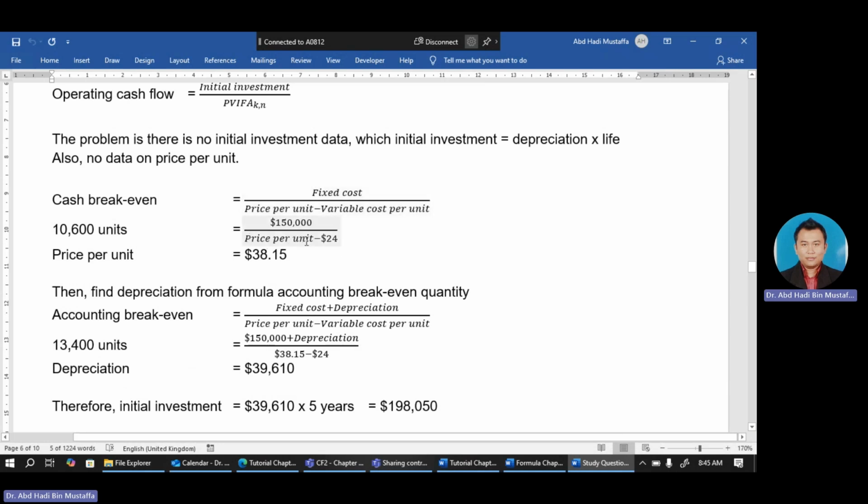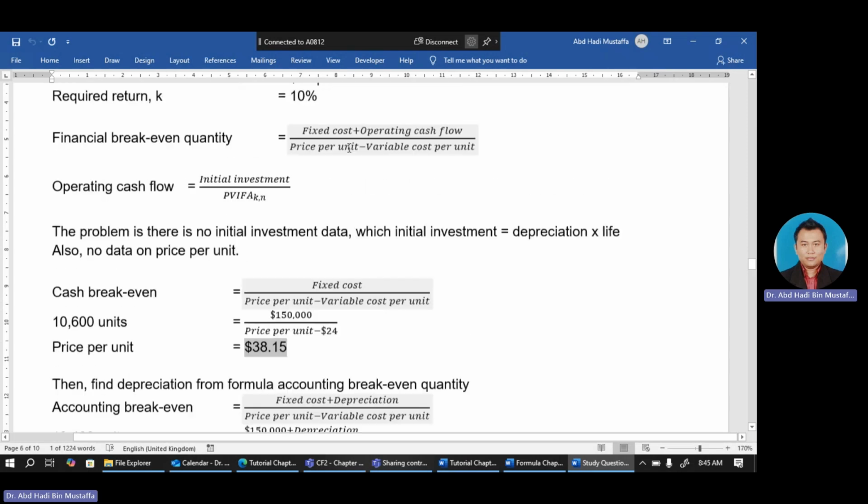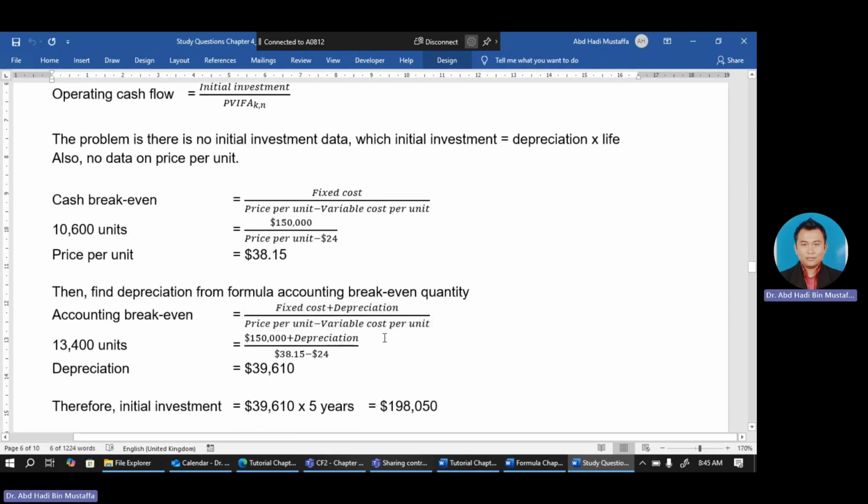Price per unit we don't know. Fixed cost is $150,000, divided by price per unit minus 24, and you get 38.15. This is the price per unit. So that is safe now, price per unit is found. Only depreciation is still unknown.